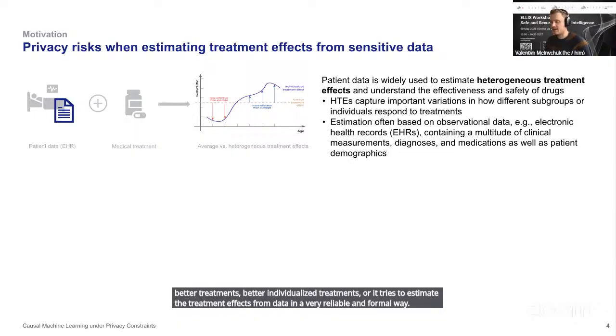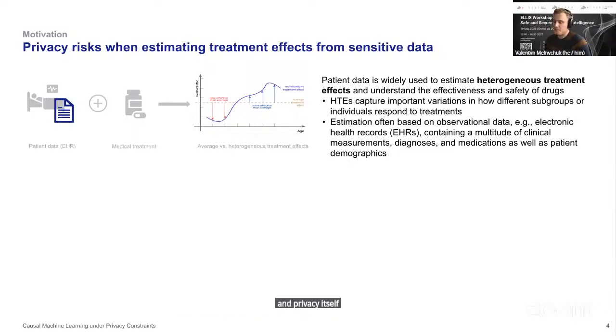And privacy also allows us to share certain statistics of the data sets in a way that we cannot identify anyone's identity.